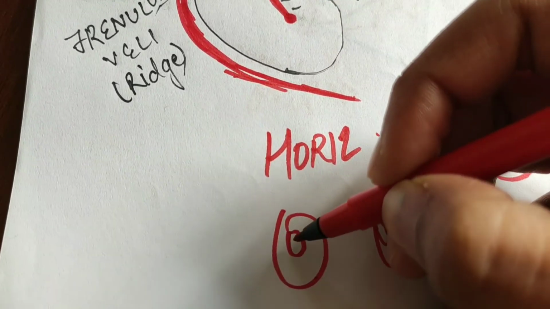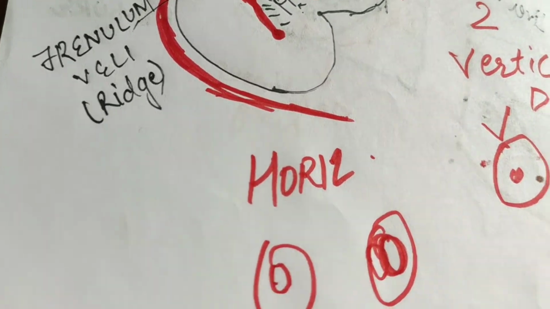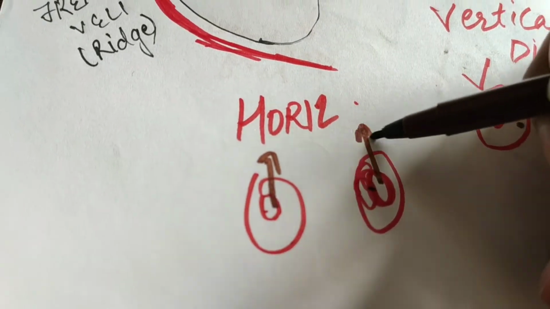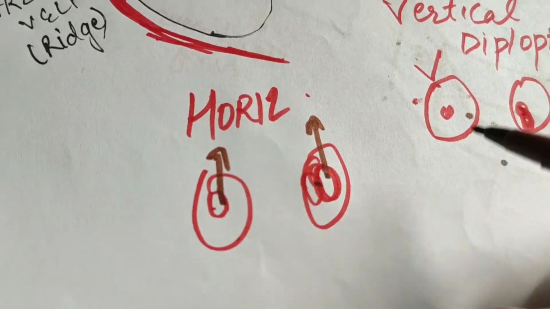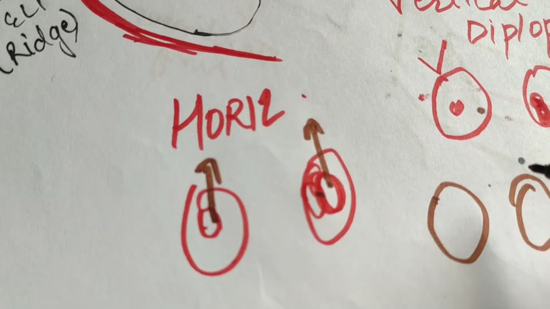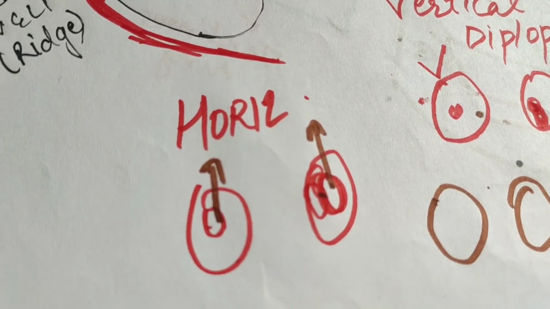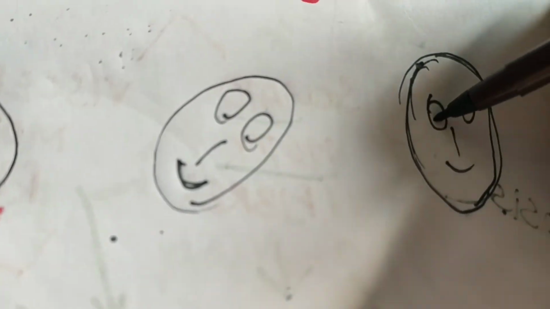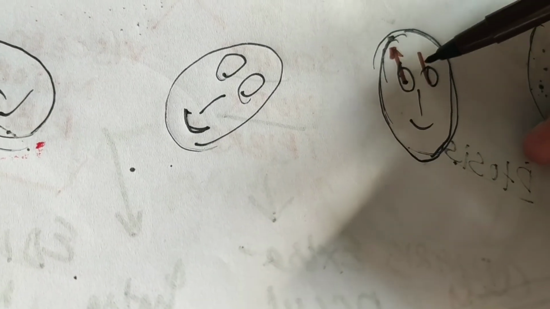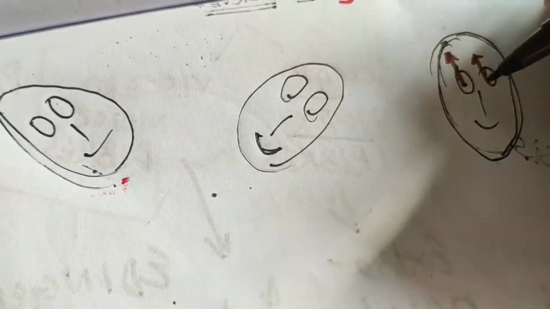In the normal eye, your vision is like this. When your eyes are tilted, if your head is straight, in a normal person, this is the vision. This is straight upwards.